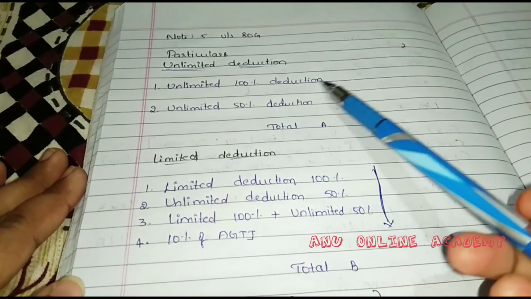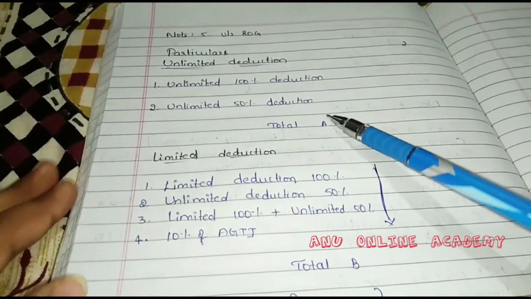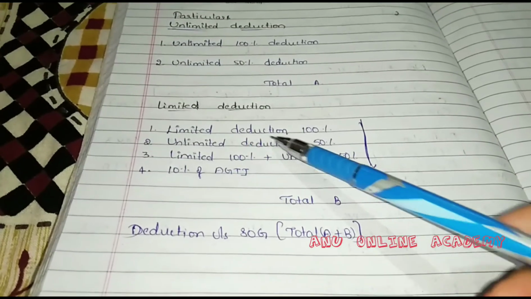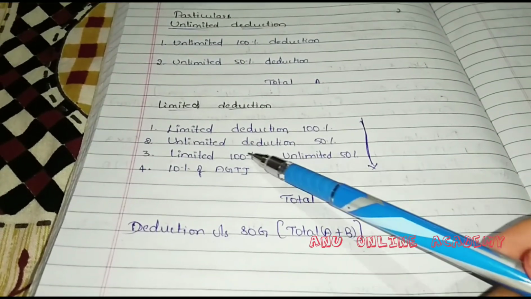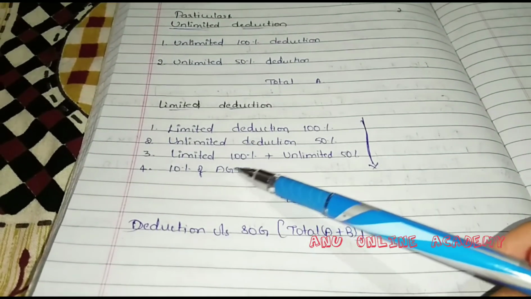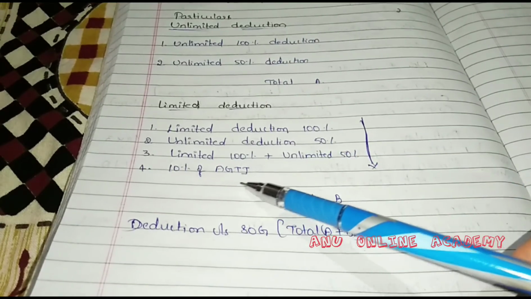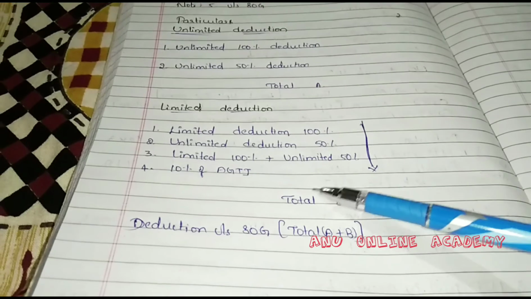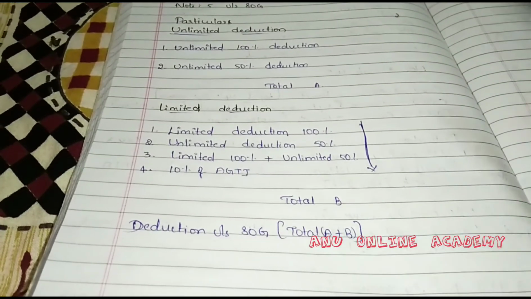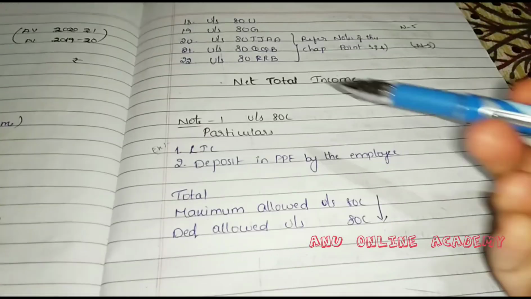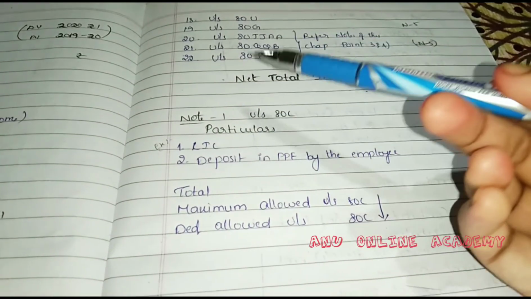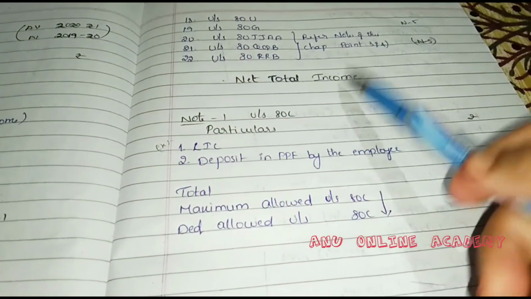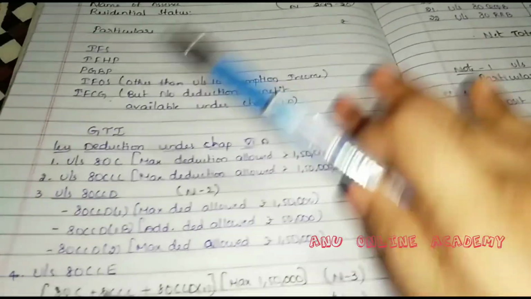Unlimited deduction 100 percentage, 50 percentage, and limited deduction 100 percentage, 50 percentage. Limited 100 plus 50, 10 percentage of aggregate gross total income, whichever is lower. Total A, total B, deduction under section 80G. After considering all this, we will get net total income. Okay, this is the format of deductions.